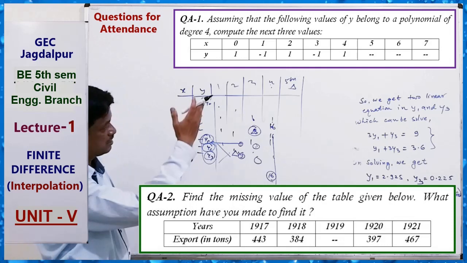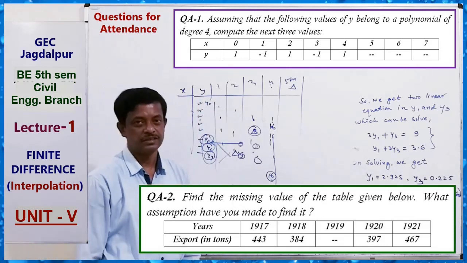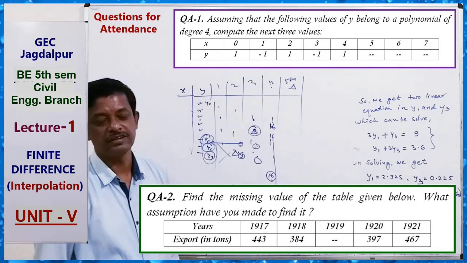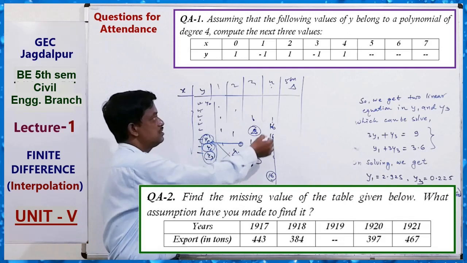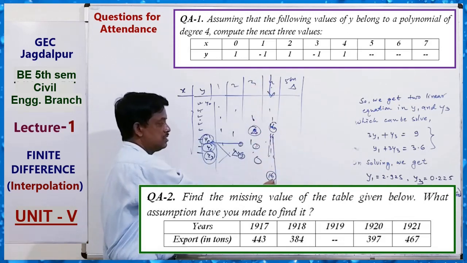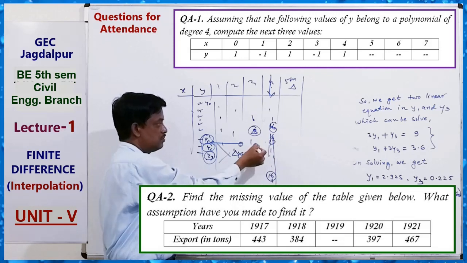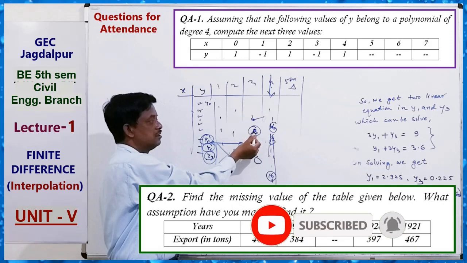So this will be the technique for solving these questions. There are 5 entries given and 3 entries not given, and you have to find y5, y6, y7. Use the fact that 4th differences are constant. This constant is equal to this minus this, so this is 16 and this is a particular value in difference notation.